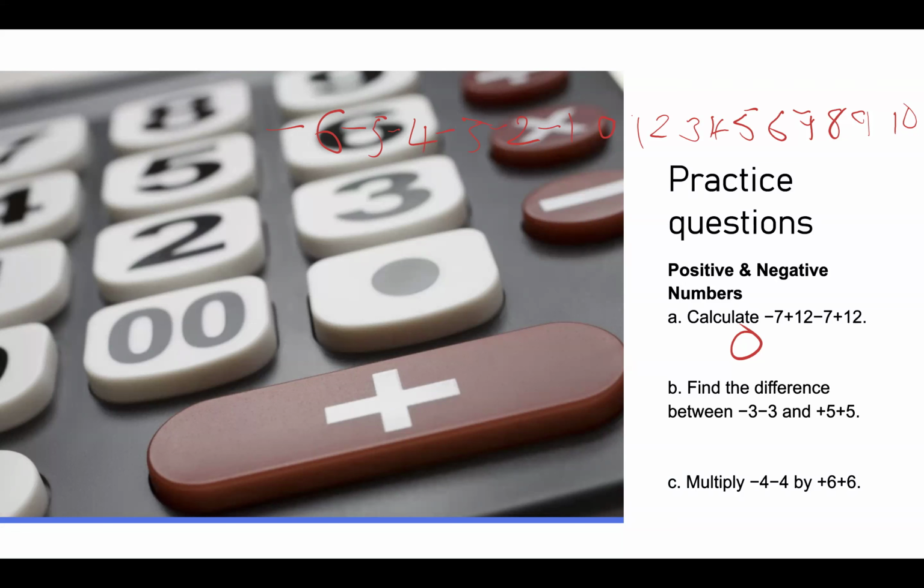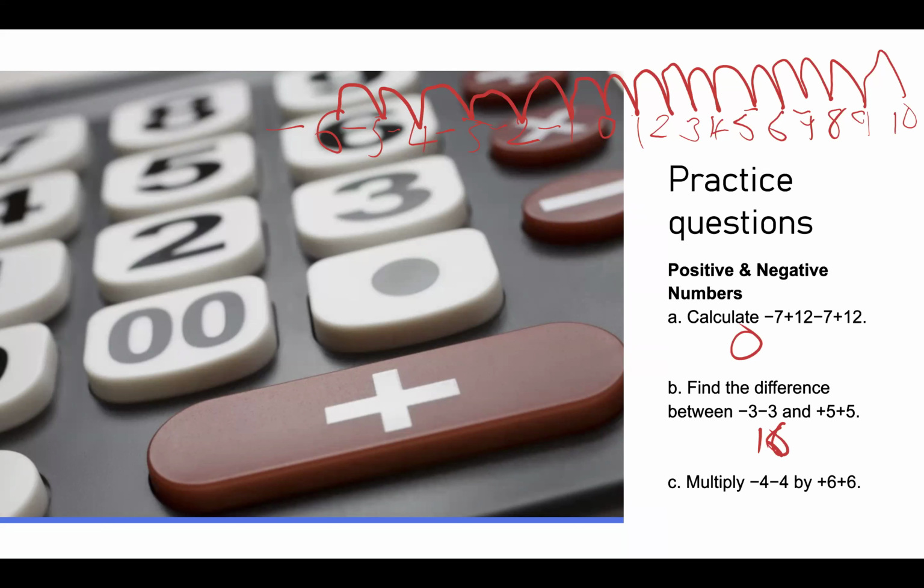So we jump the spaces: 1, 2, 3, 4, 5, 6, 7, 8, 9, 10, 11, 12, 13, 14, 15, 16. So the difference would be 16, guys. There are 16 places between -6 and 10.